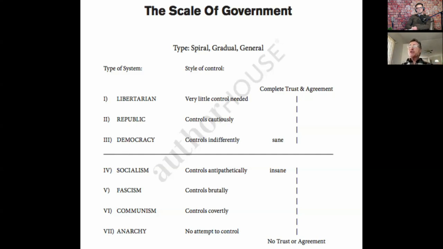And below level 7, there's no trust or agreement. That's anarchy, because there's no trust or agreement. So some big guy comes, he outweighs you by 100 pounds, he kills you, and he takes your wife. That's anarchy. So that was caveman, right? Guy comes along, hits you with a club, takes your dinner. So there's no government there.